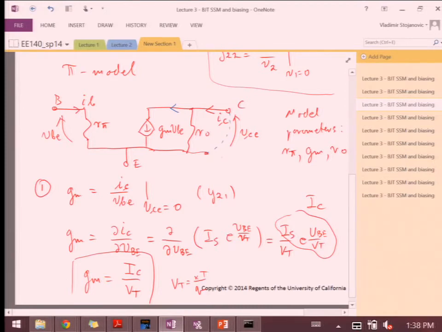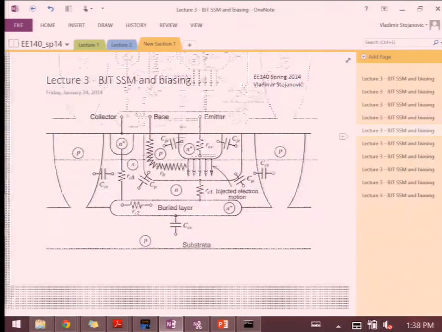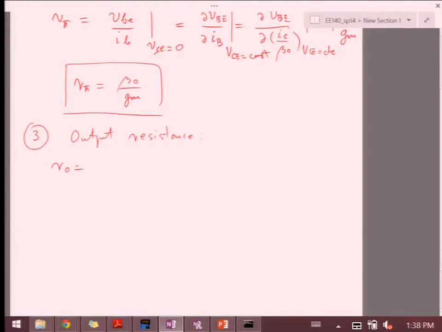So that means I have to short VBE, make VBE 0 so that I disable this current source. Okay, and that's exactly what we're going to write. So we're going to say this is our test voltage VCE over IC, subject to VBE being 0.